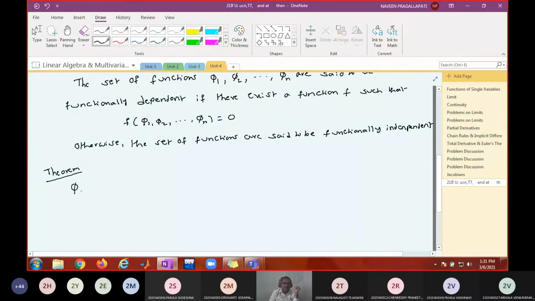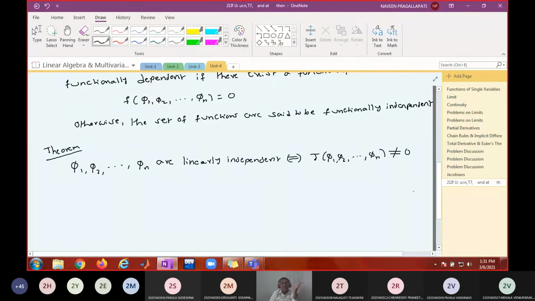Phi 1, phi 2, and so on, phi n are independent if and only if the Jacobian of phi 1, phi 2, and so on, phi n is non-zero. If you find the Jacobian is not equal to 0, then they are independent. That means you cannot find any functional relation between them.